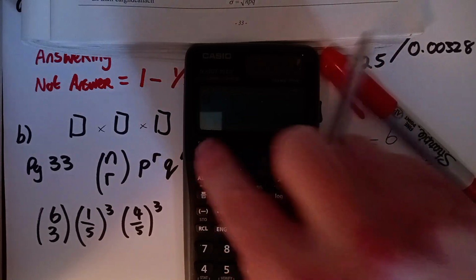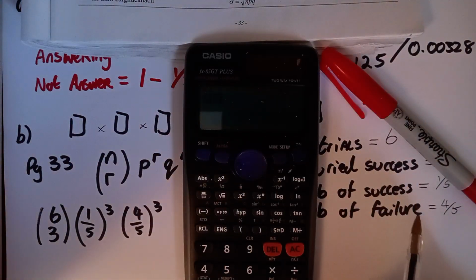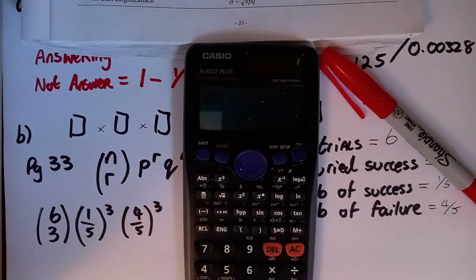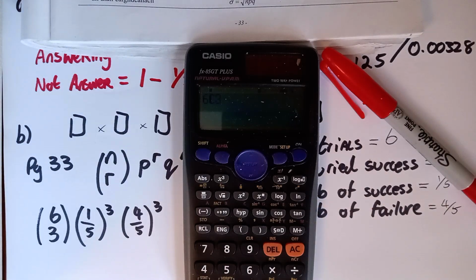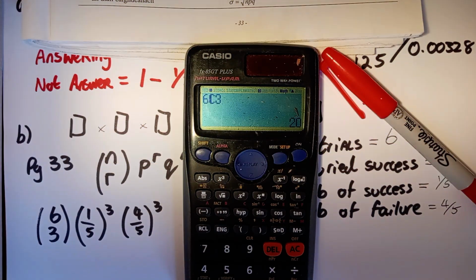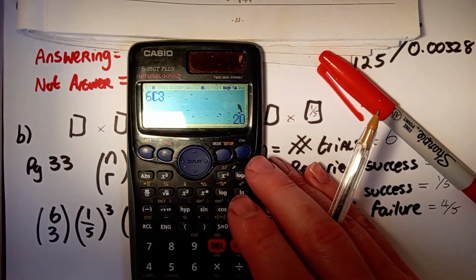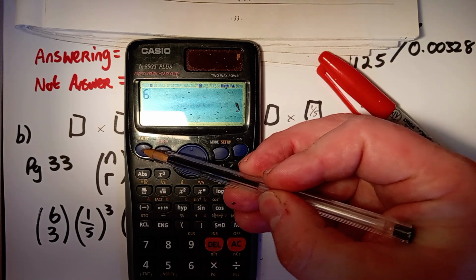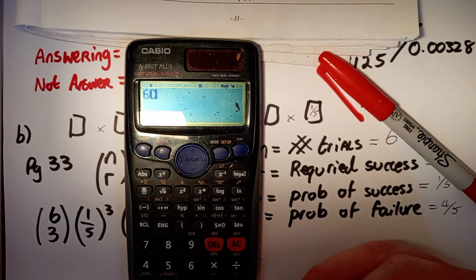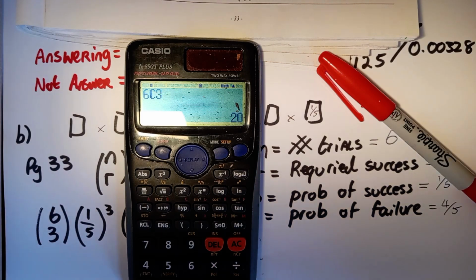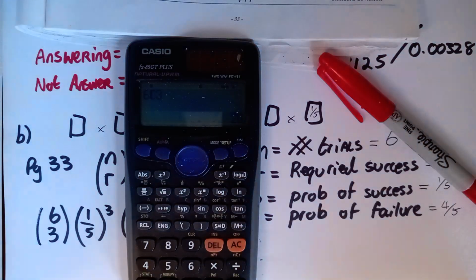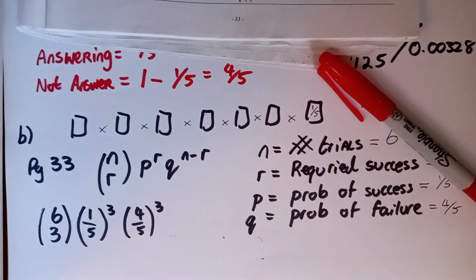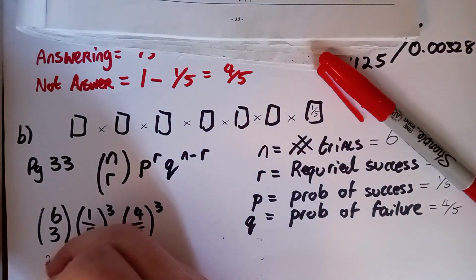That brings up 20. Now I know you can't see that on the screen. So again, I'm going 6 shift nCr 3 equals, and I'm getting 20 as my final solution. So for 6 choose 3, that's going to be 20.